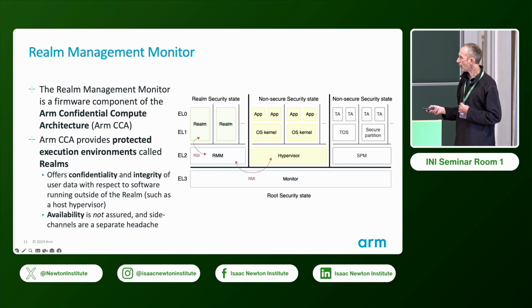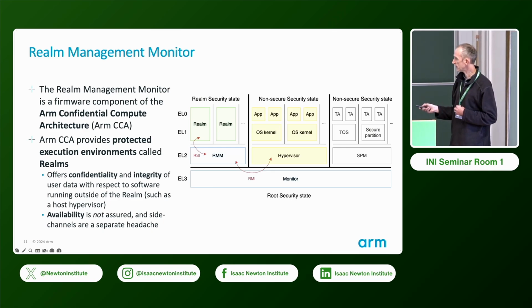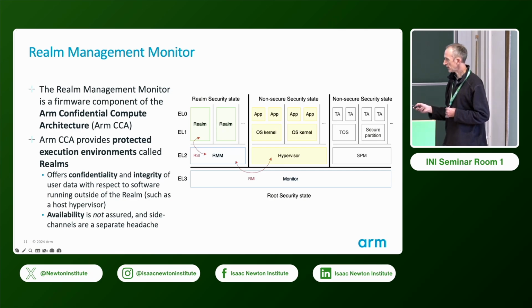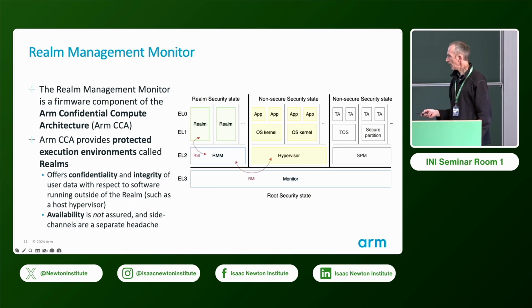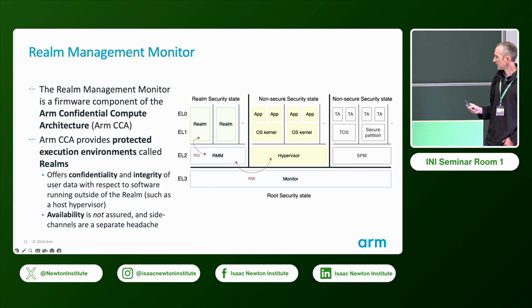So the hardware itself and the RMM software provide confidentiality and integrity guarantees. Availability is not assured, so the hypervisor could just shut you down and say, well, you can't run your job.